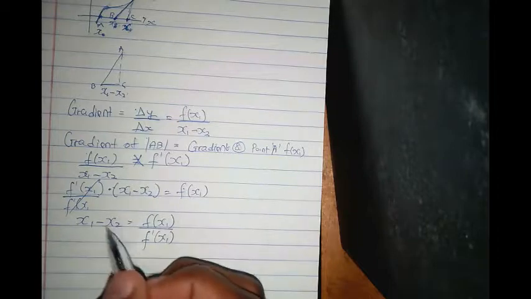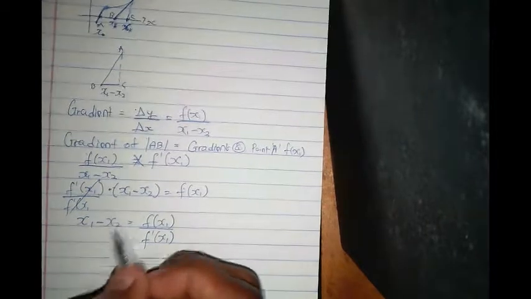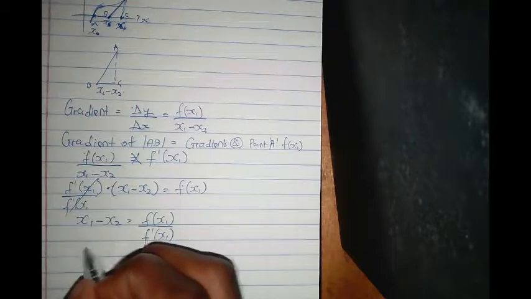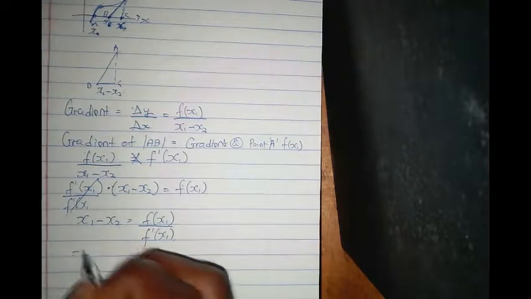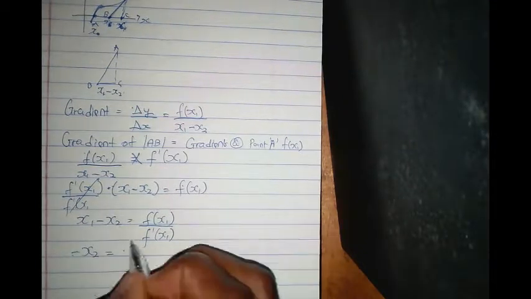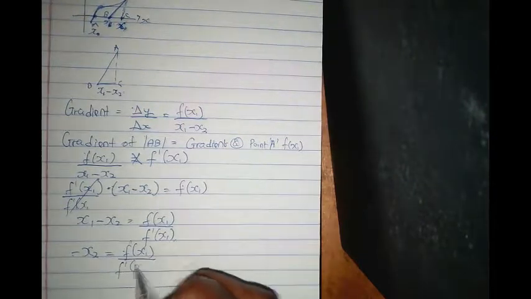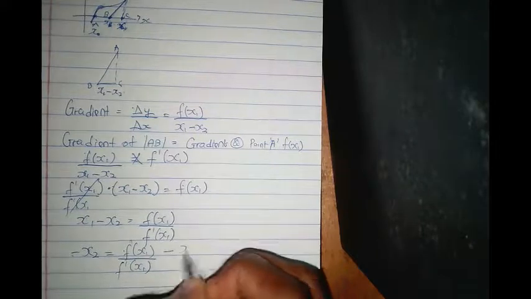We are looking for a formula that will help us get a closer approximation. This x1 is our initial guess. This is a much closer approximation which we're trying to get. So we're going to take this to the answer. So you have minus x2 is equal to f of x1 over f prime of x1 minus x1.